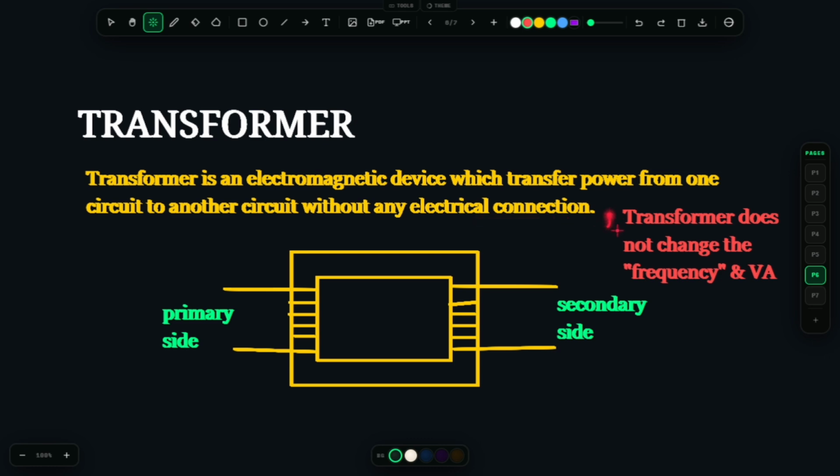And one important note is that transformer does not change the frequency and VA. VA rating means the power rating of the transformer, meaning the input side power is equal to the output side power. The power is constant on both sides of the transformer. The only variation is voltage and current. So transformer is a device which can transfer power from one circuit to another circuit.